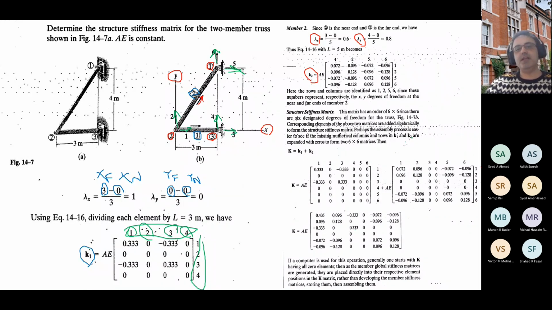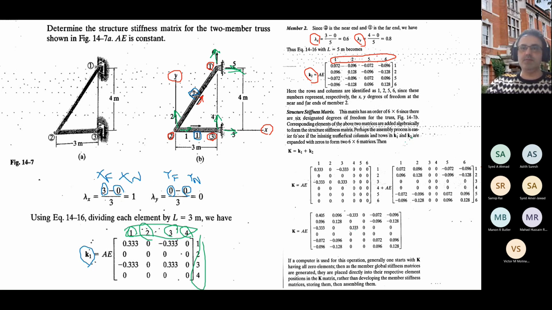Just to have hints on the matrix, I need to put these hints for myself. How do I do that? The first two are for the near end, which is node number 2, so it's 1 and 2. You can either use the notation delta 2x, delta 2y.